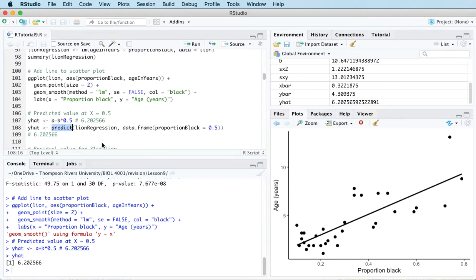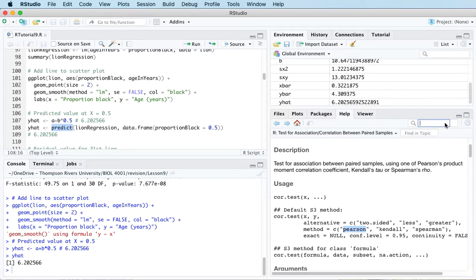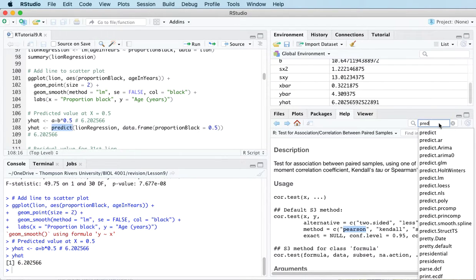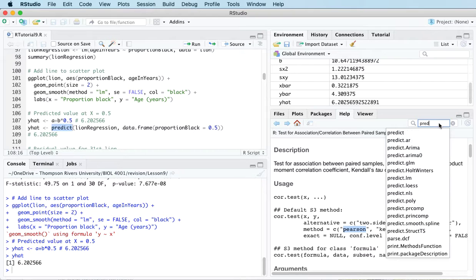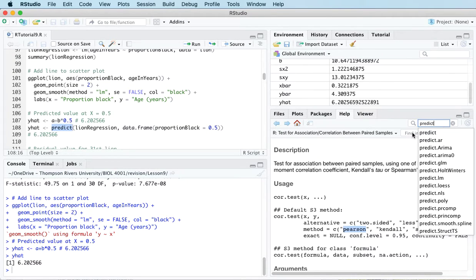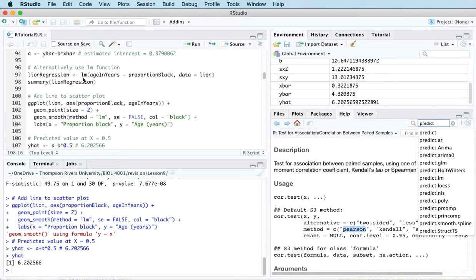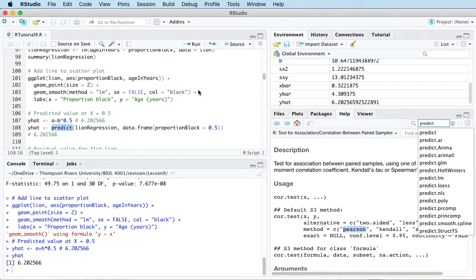We can also use this built-in function here. If we want to get a little more help on this type of function, you'll see once you start typing predict into this help search function, there's a whole bunch of different types of prediction, and the one that we're going to do is predict.lm because we fit a linear model, and that was the code that we used when we fit the model up here, lm.